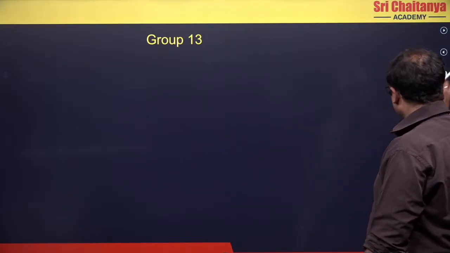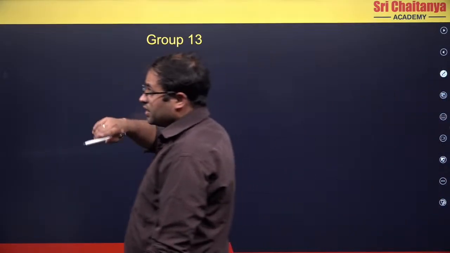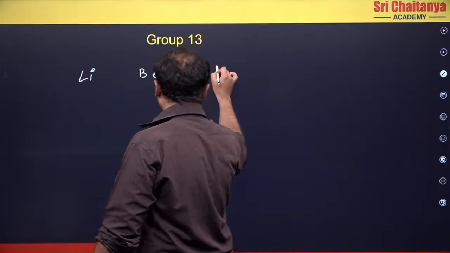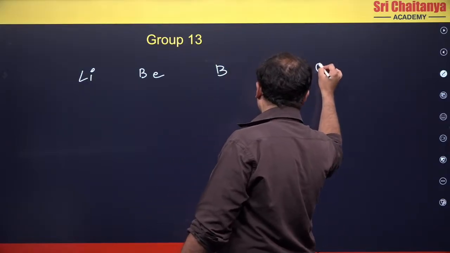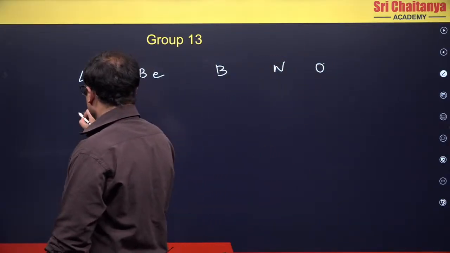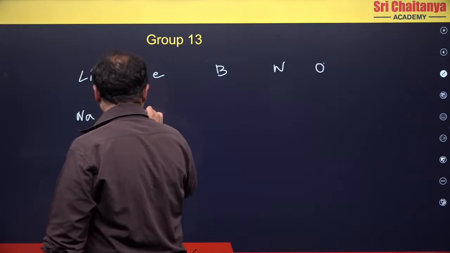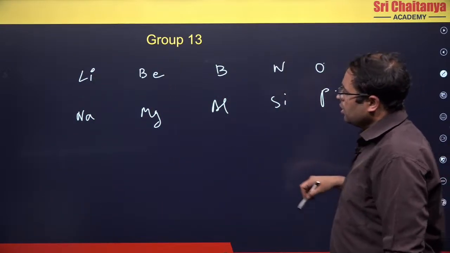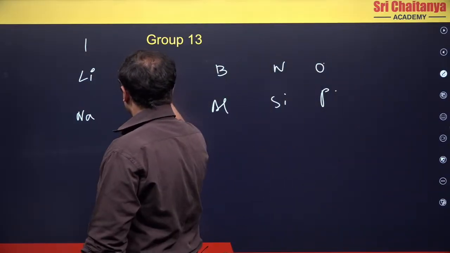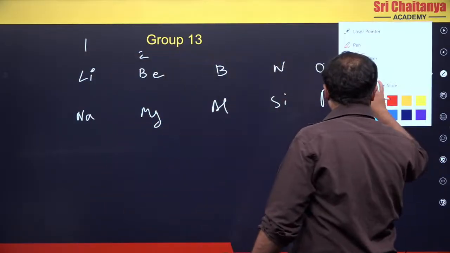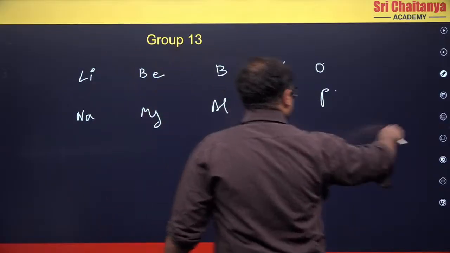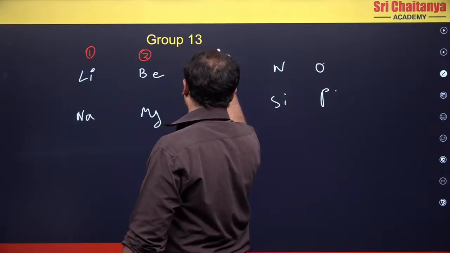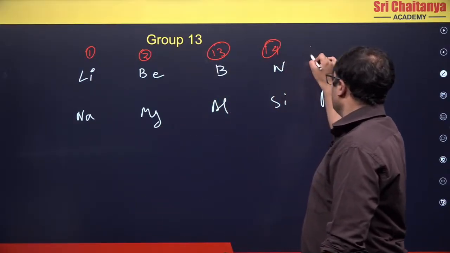Right, let me see it here. Write the second period, and the third period. Right. This is your group 1, 2, first group, second group, the 13th group, 14th group, 15th group.